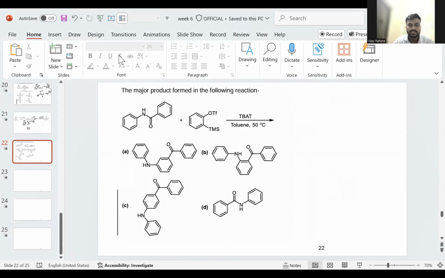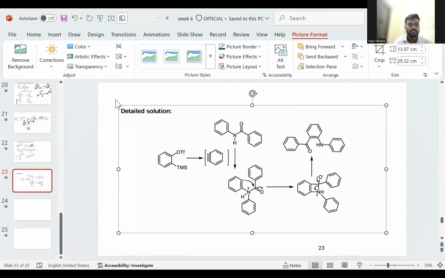So here's another question. So again, here you can directly see TBAF, which again, for this, I will put the mechanism, but before the mechanism, you just try to solve that question.